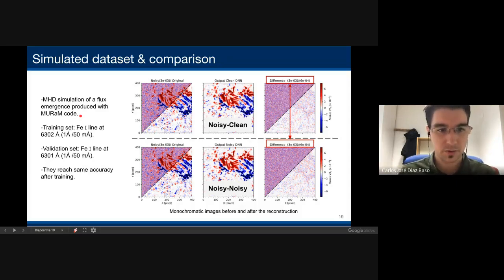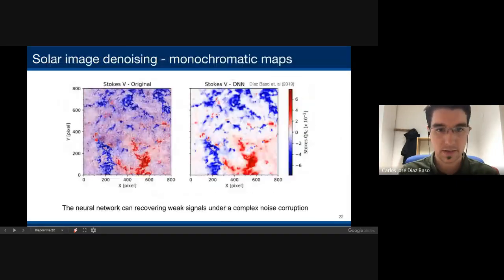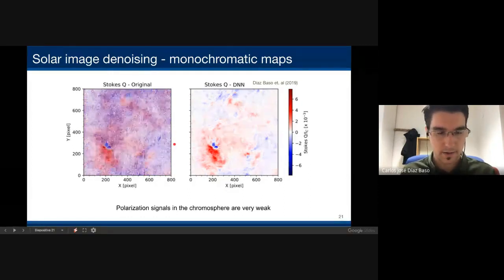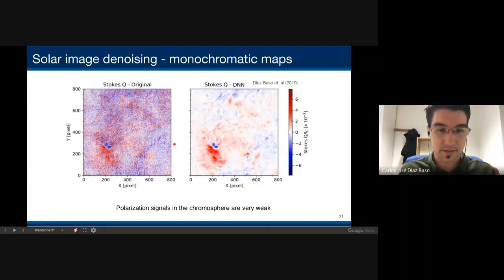Here I was showing the iron line, but all these examples were done with the calcium 8542. And I have tried the same neural network with other spectral lines, like the iron lines again, but not trained with the iron line. As the instrument is the same, CRISP at the Swedish Solar Telescope, and the statistics of the noise are similar, one can use it without any problem.